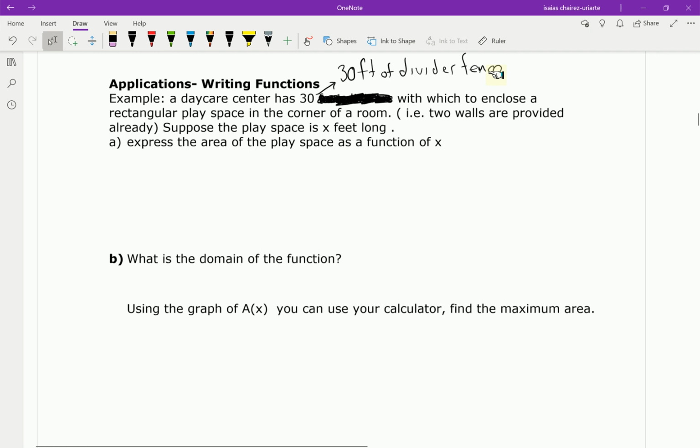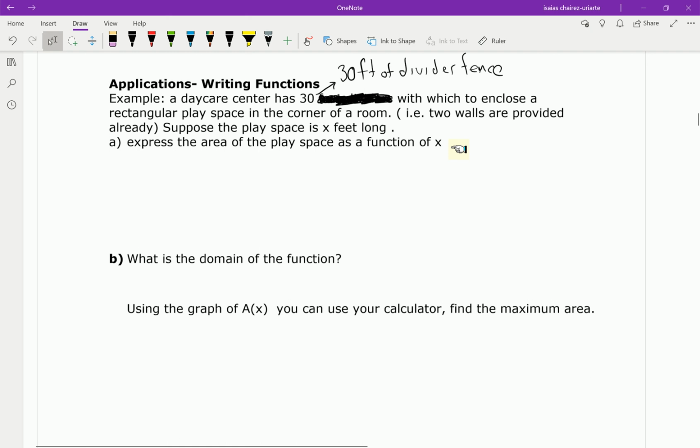Imagine that they just have this little fencing for making little cubicles and whatnot, with which they want to enclose a rectangular play space in the corner of a room. So they have two walls that are already given. Suppose that the play space is x feet long. We want to express the area of the play space as a function of x.